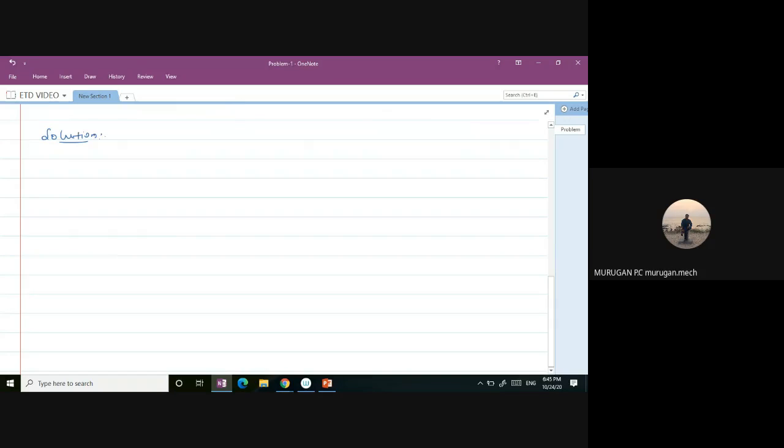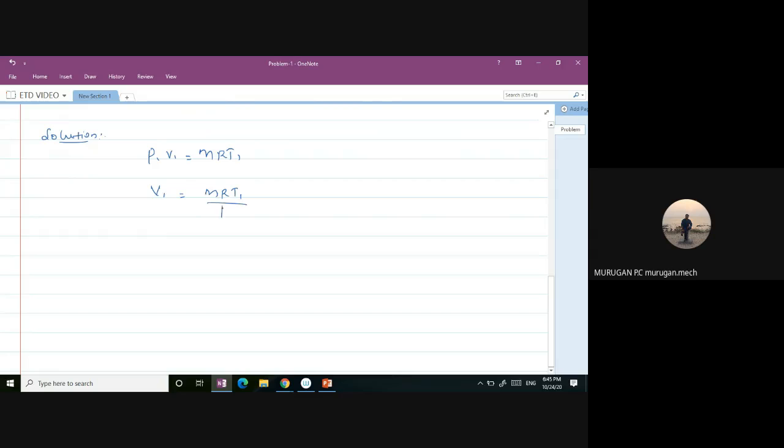Now let us start. We know that V1 is equal to mRT1 by P1. In the given problem, the volume is not given, so we have to find out the volume by this relation, mRT1 by P1.